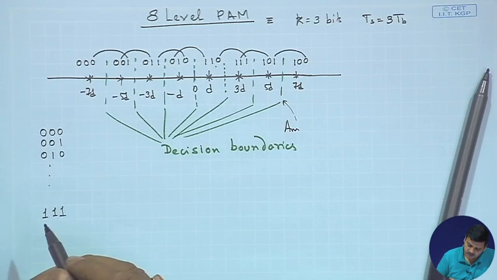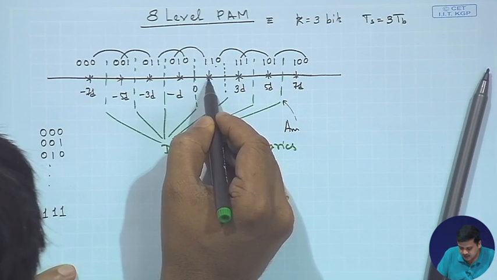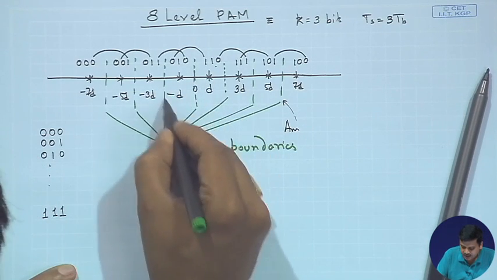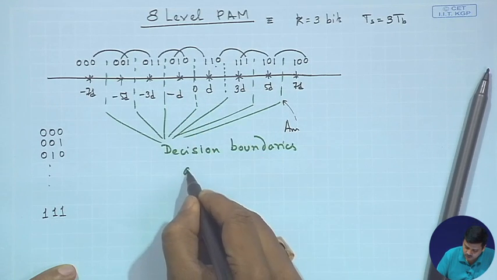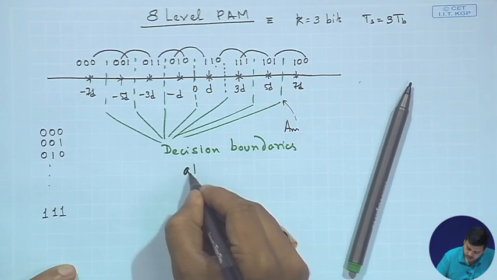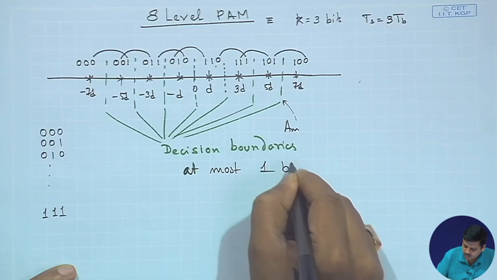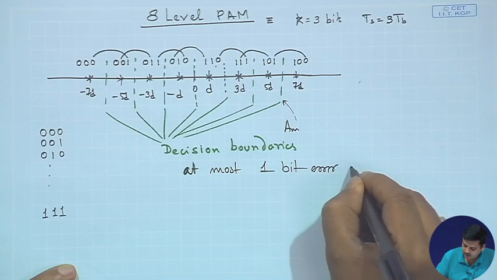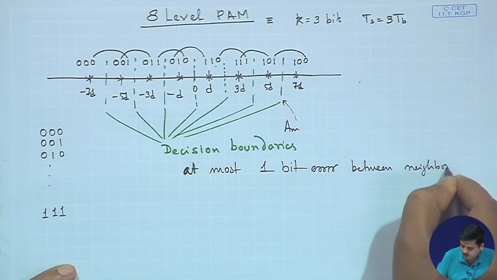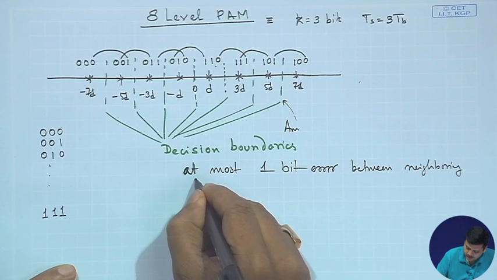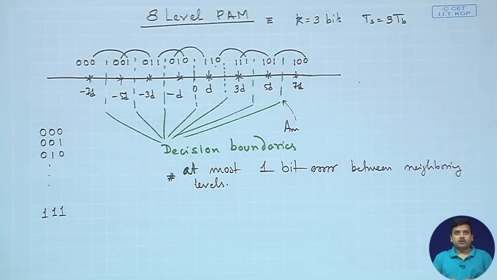If these are my decision boundaries, then the neighbors, that means if I am sending minus D and detecting as D, you are actually sending 3 bits per amplitude level. So, whenever you make a mistake, you are going to make at most 1 bit error between neighboring levels, right. So, that is what we have achieved.